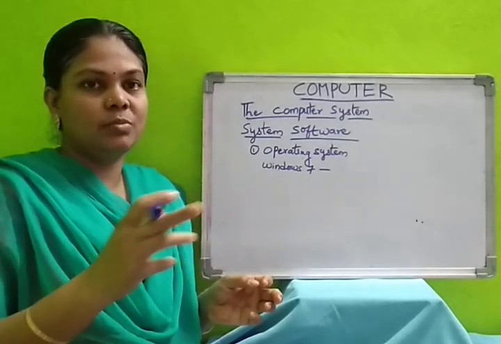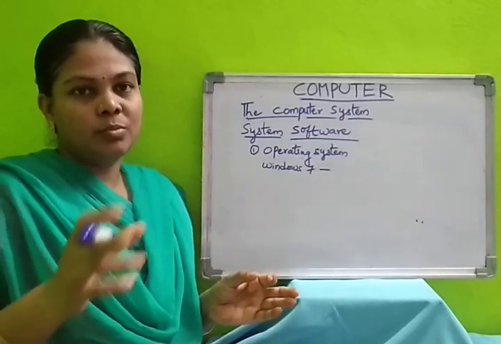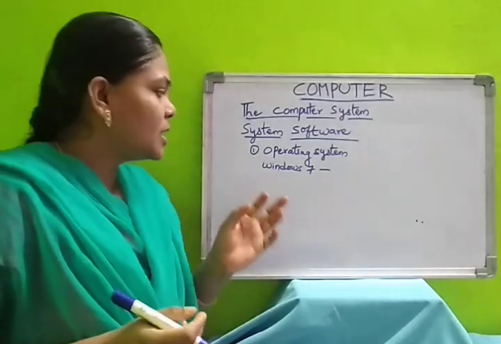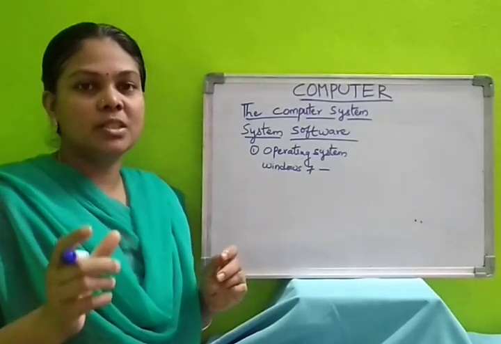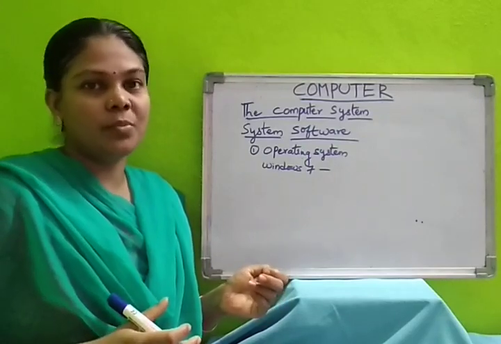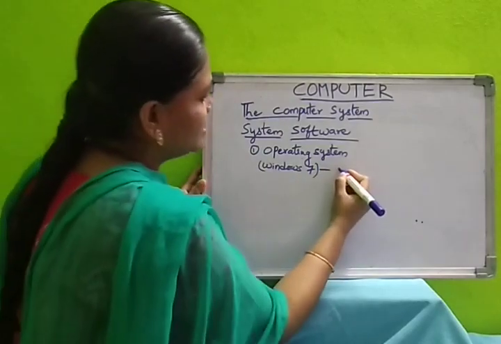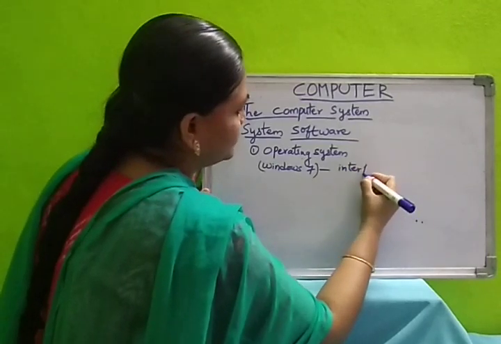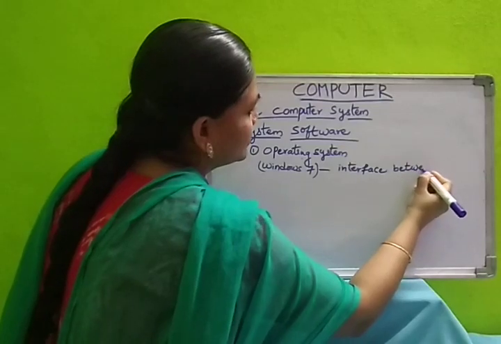So you know the input, output, process: whatever data is given through the keyboard is processed and stored in the CPU and displayed on the monitor. Whenever you switch on your computer, the first thing that happens is the operating system is loaded into your computer. So it is an interface between user and hardware, or user and computer.